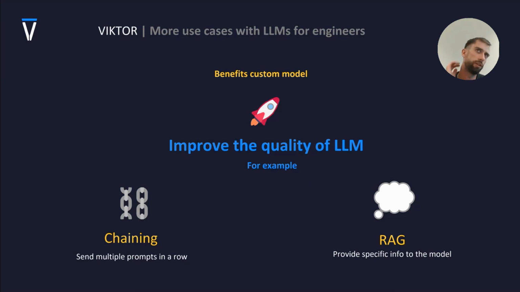So for example, now I got an answer in English because I asked my question in English. But if I would enter my question in Dutch, it would also give me the answer in Dutch. And the reason it does it is because I added this technique called chaining.